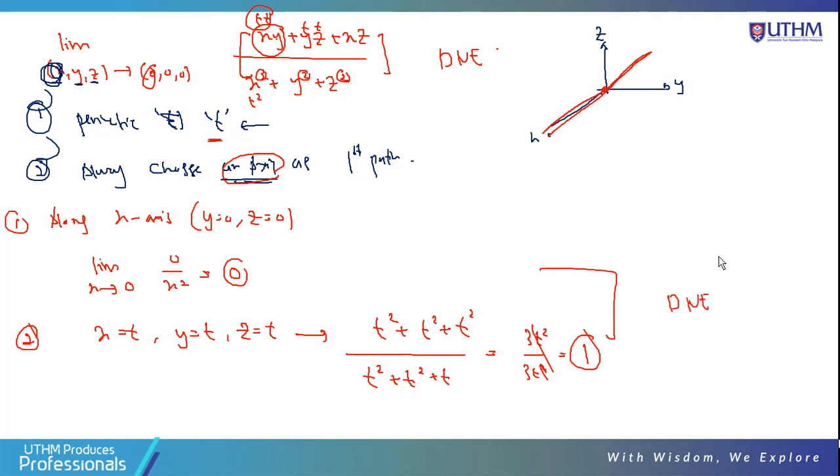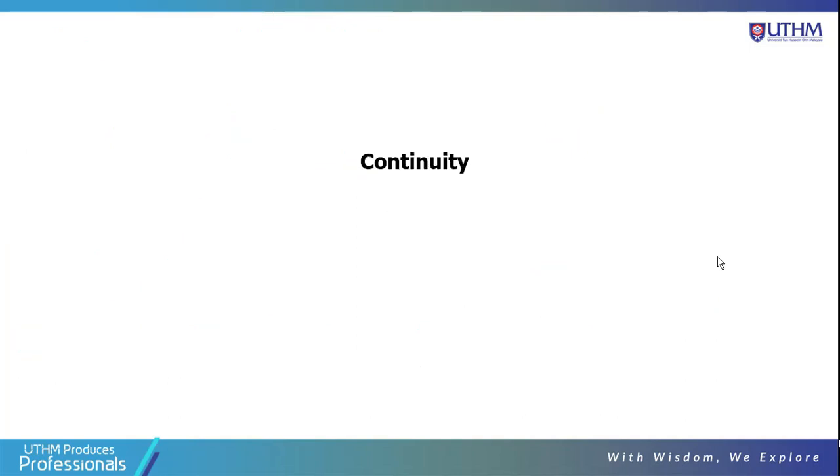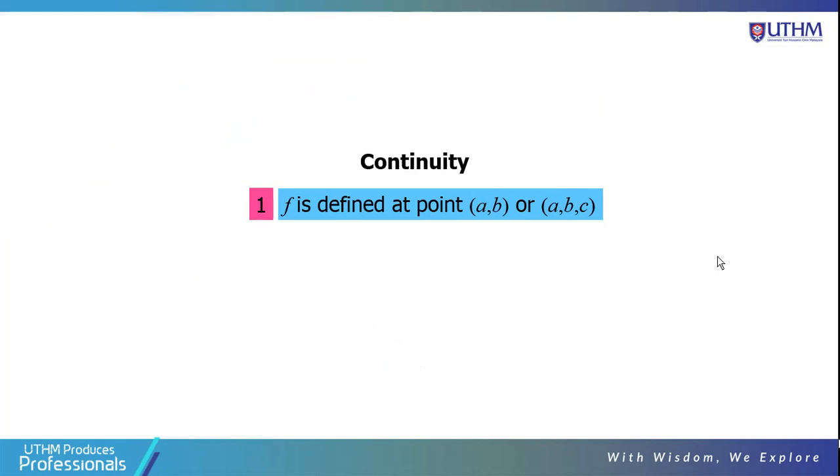Okay, that's the way you can prove that the limit doesn't exist for a several variable function. Okay, so we proceed to the next topic, which is continuity. Okay, so the first step, you must define the function at the point (a, b) or (a, b, c).